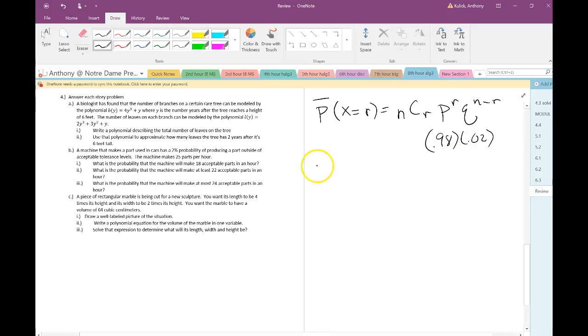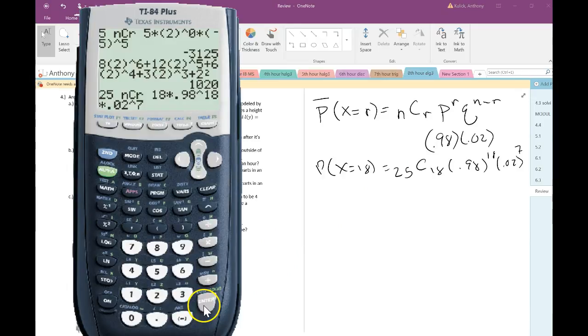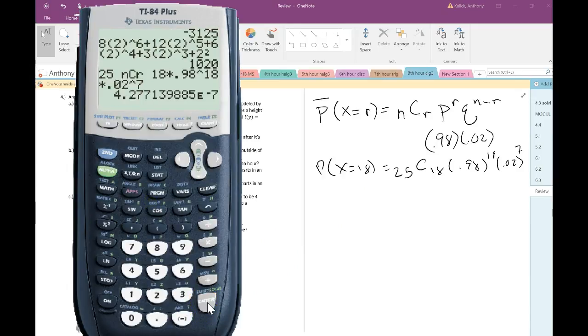So for part I, we want P that x equals 18. So we have 25. Why 25? Because we know that there's 25 parts made an hour. Choose 18 times 0.98 to the 18 times 0.02 to the 7th. 25 minus 18 is 7. So all I need to do then is type that into my calculator. So now that I've typed that in and I press enter, I get that. So don't be confused by this.